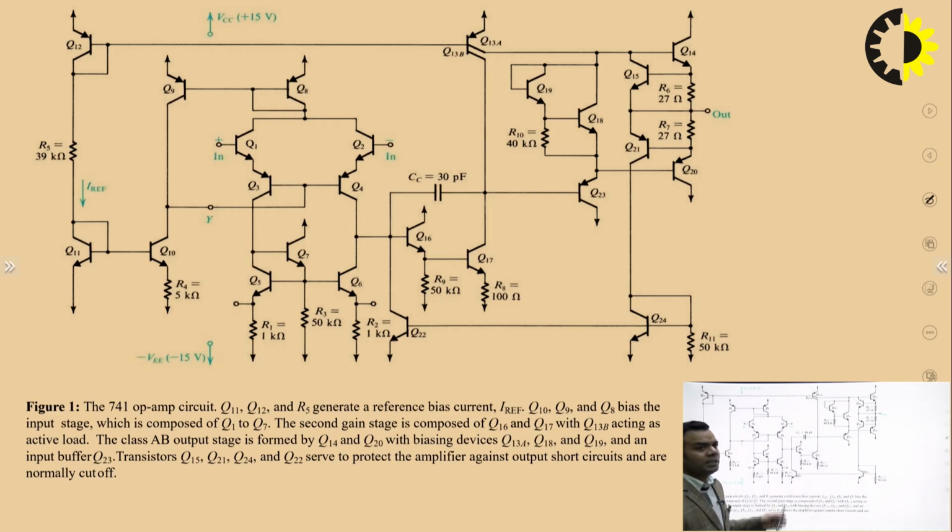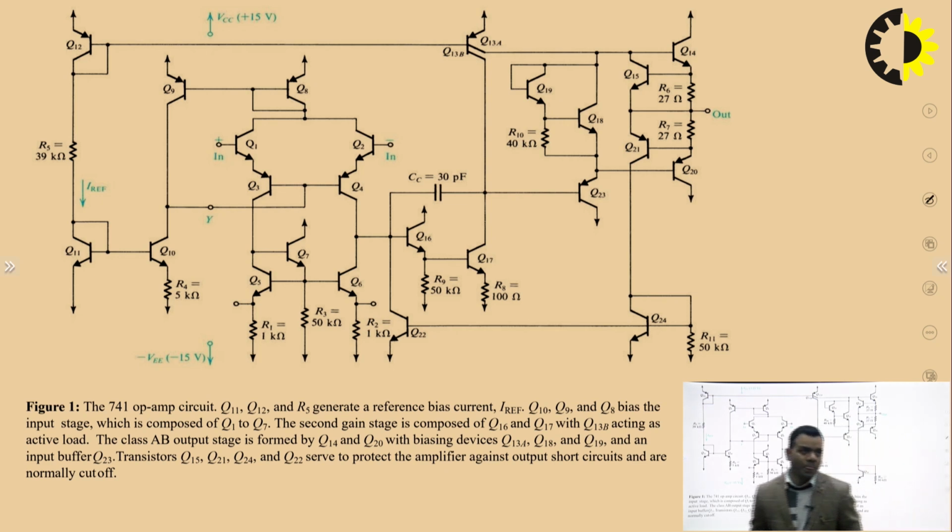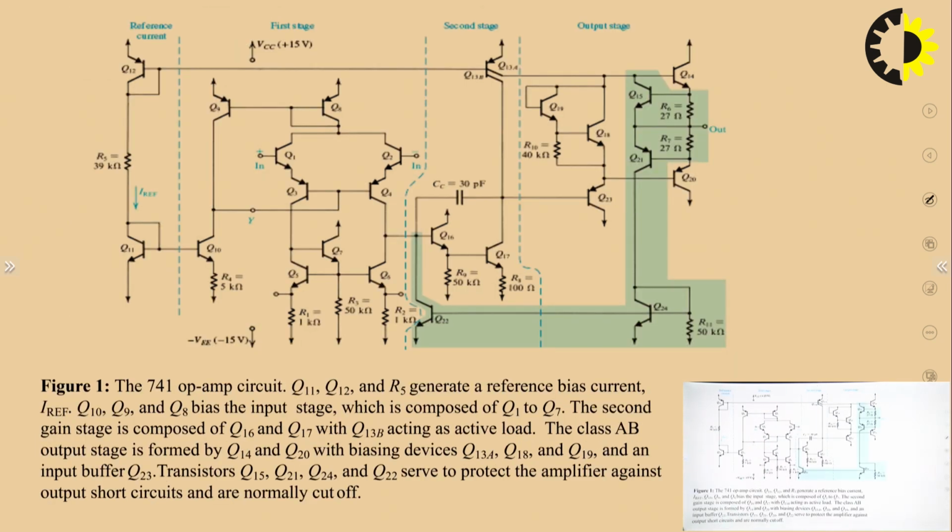So, this is the internal architecture of IC 741. First let me explain the various transistors, their use and various stages. After that, we will see the DC analysis of IC 741.